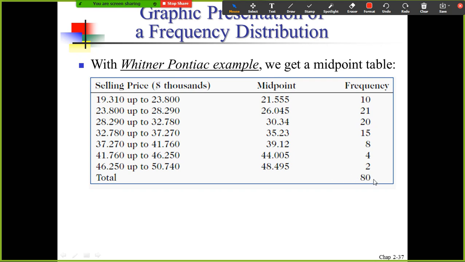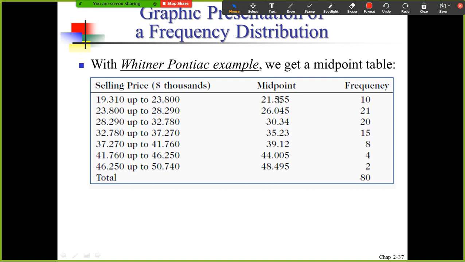There were 80 cars sold last month with this price. So we have used 5 steps in order to make the frequency distribution table. Then we have column 1, we have column 2, but we don't have this column. But in order to construct a frequency polygon, we need to find the midpoint.